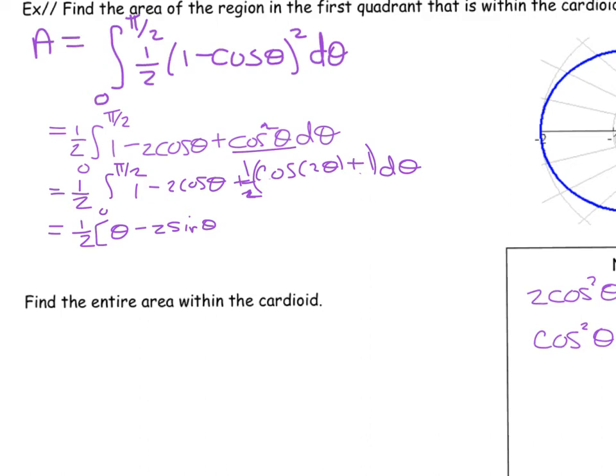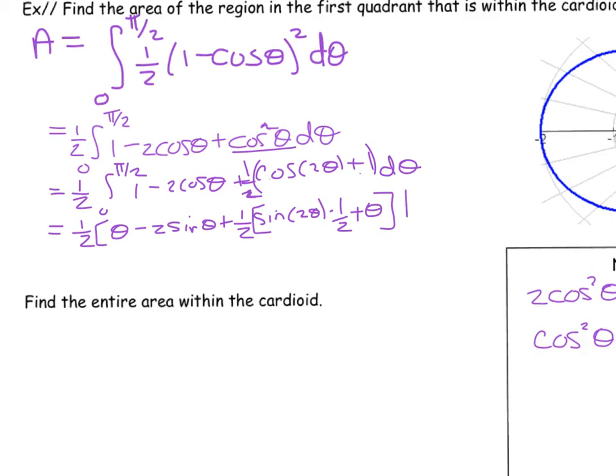So that's going to be 1/2 sine of 2 theta times 1/2, right? To undo the chain rule that you'd have to do when you times by the 2, plus theta. And of course this 1/2 is stuck on the outside.